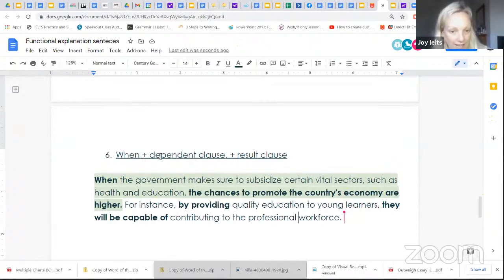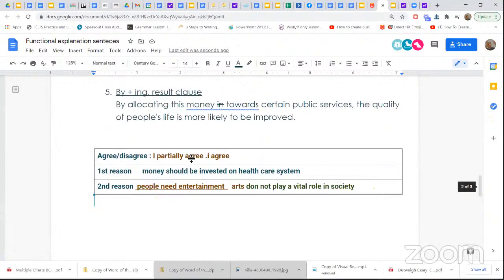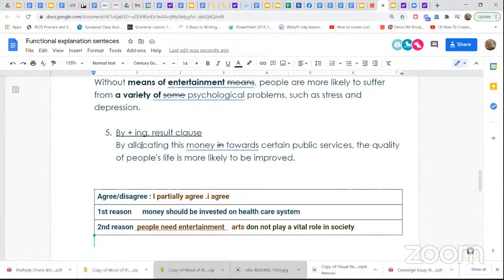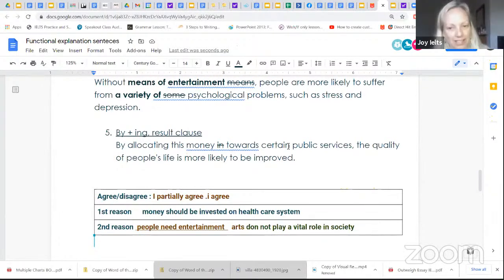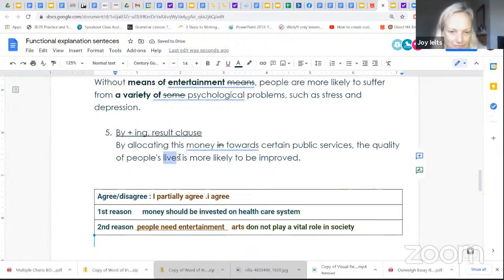So we've got when, something else. And then we've got by plus ing plus the result clause. By allocating this money towards certain public services, comma, always remember the comma, the quality of people's life. We're going to change this to lives because it's plural. Lives is more likely to be improved.